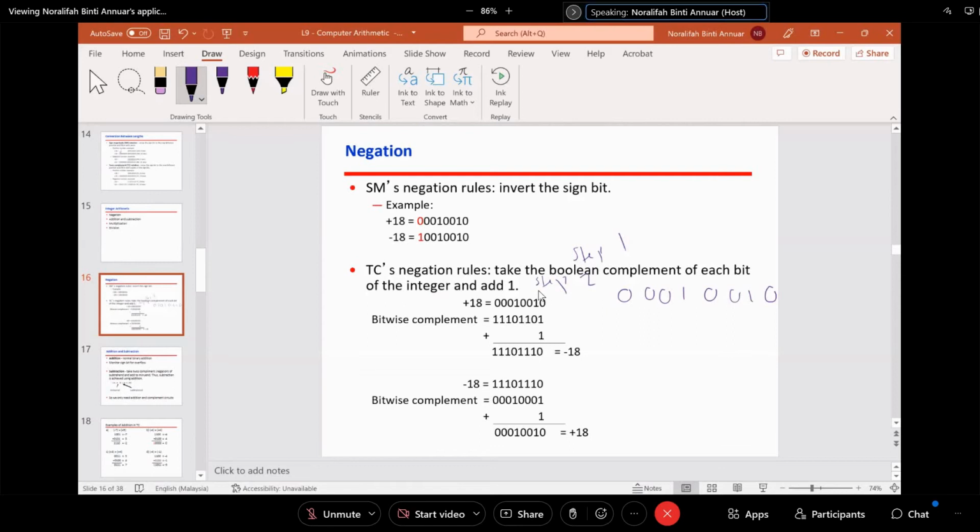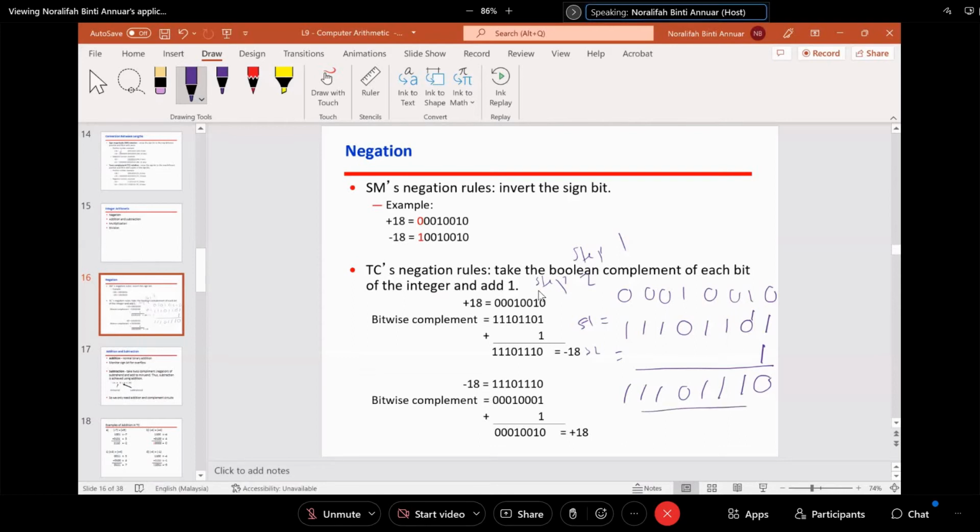So step number 1 is to do the complement, giving 1, 0, 1, 1, 0, 1, 1, 1. The second step is to add 1 to the least significant bit. So you do the operation: 1 plus 1 is 0, carry 1, and so on, and you get negative 18.